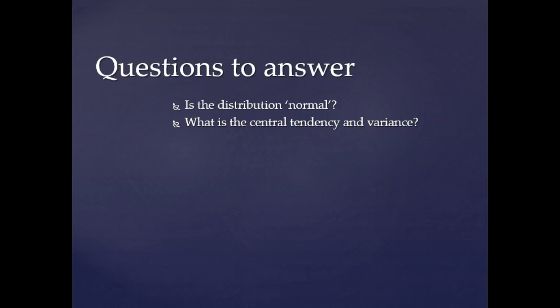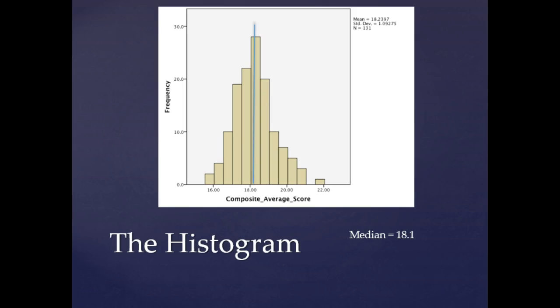So some questions to answer about this data. One, is the distribution normal? And what is the central tendency and variance? So if we look at our histogram again, we can get a sense of where things are.